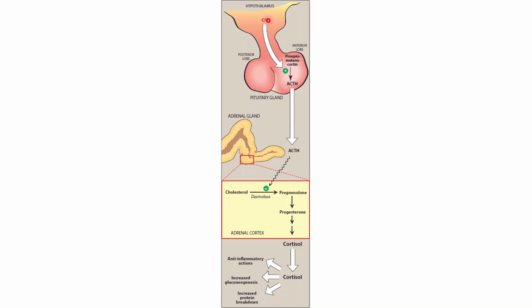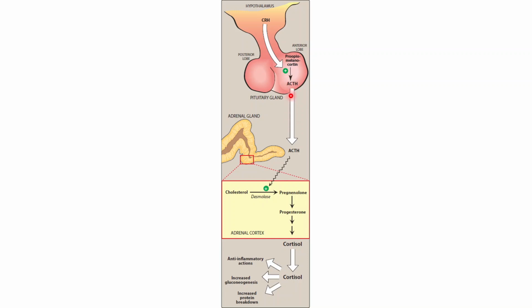Corticotropin releasing hormone is produced in the hypothalamus, and it is responsible for the synthesis of the proopiomelanocortin that stimulates the synthesis and release of the adrenocorticotropic hormone, or corticotropin.